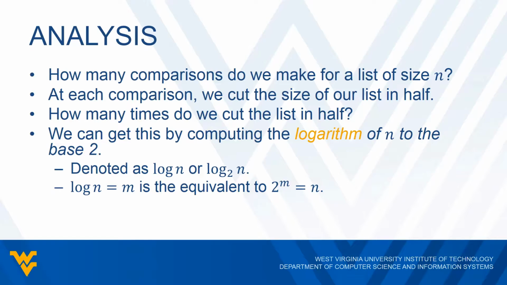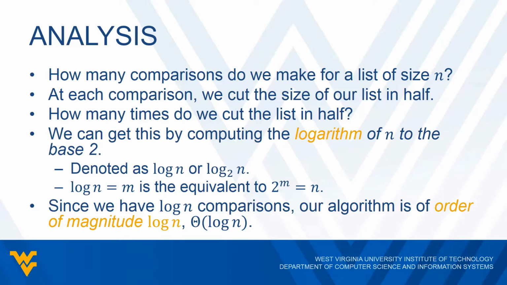So we can use this log to determine how many times we're going to cut the list. Since we're cutting the list in half log n times, our algorithm is of order of magnitude log n, which we denote as theta of log n.